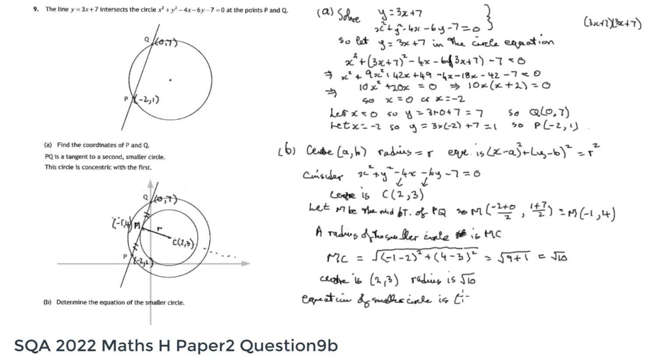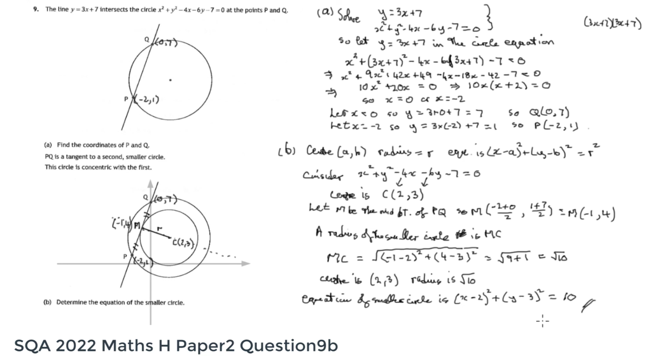So it's x minus the x coordinate of the centre, that's 2, x minus 2 squared, plus y minus the y coordinate of the centre, that's 3, and the radius squared. Well, the square of root 10 is just 10. So there's the equation of that smaller circle.